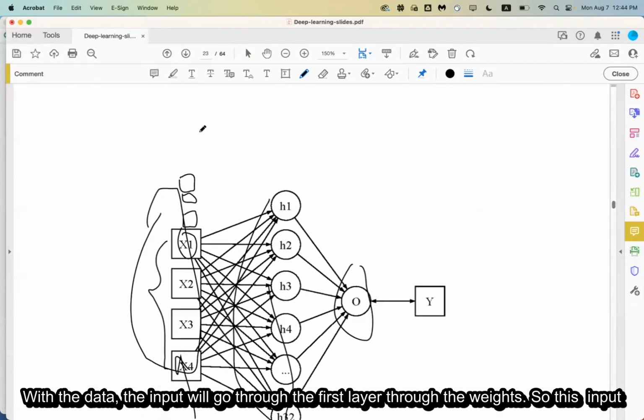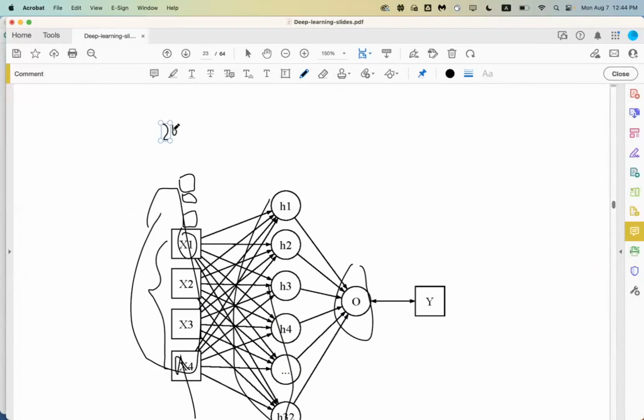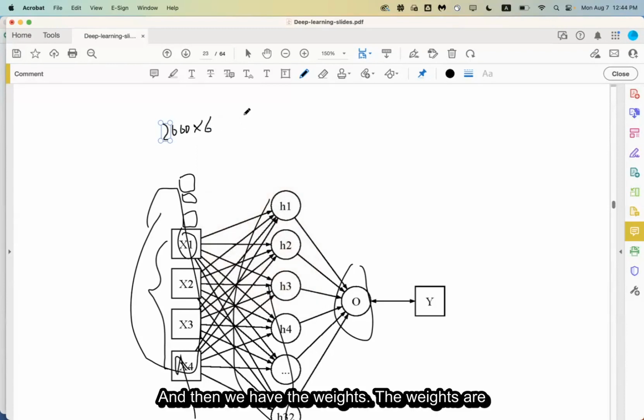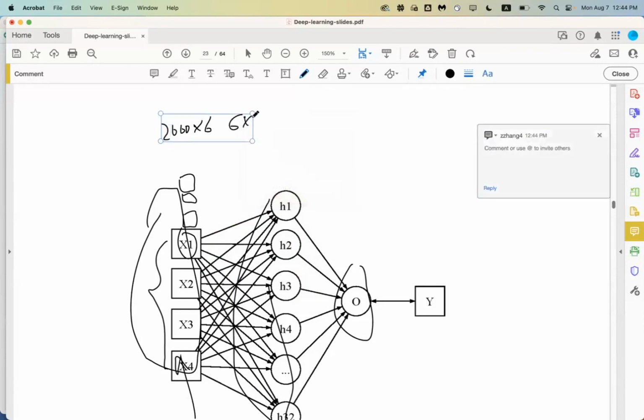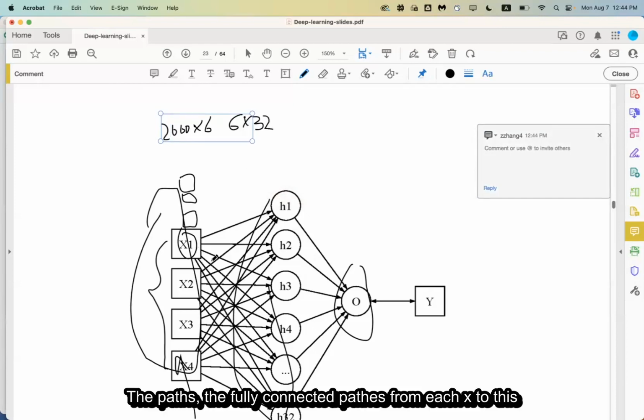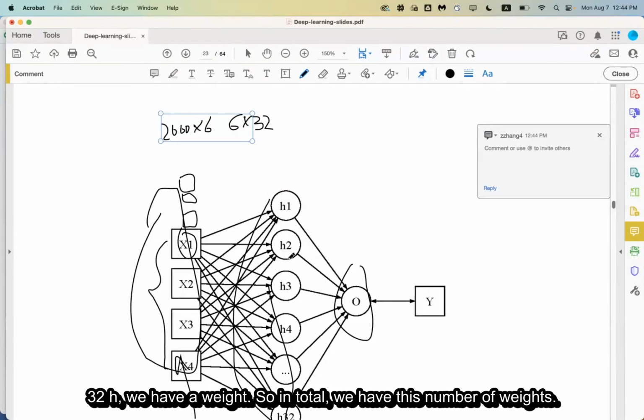So this is the input, 2,000 times 6. And then we have the width. The widths are the fully connected passes from each X to each of these 32 nodes.